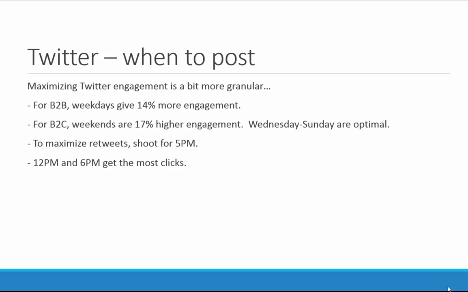If you want to maximize your retweets, shoot for 5 p.m. And if you want to get the most clicks, 12 p.m. to 6 p.m. Yeah, pretty standard stuff. There are a lot of different surveys and research done on this particular topic, and some of them conflict a little bit, but the bottom line is these hours give you the best results, but ultimately just test with your particular audience to max your engagement.